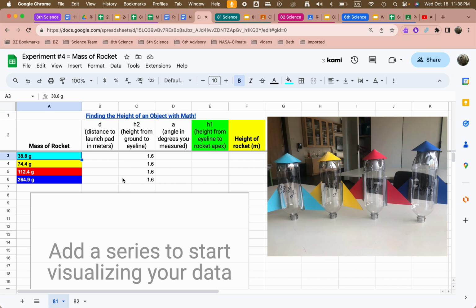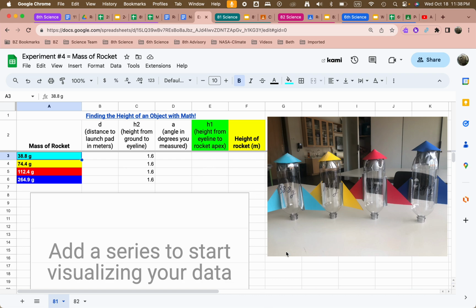What I would like you to do right now, to show me that you watched this video, but also I want to see what you think. I would like you to send me an email, and I would like you to tell me which one of these rockets, the light blue, the yellow, the red, or the dark blue, do you think will go the highest and why?